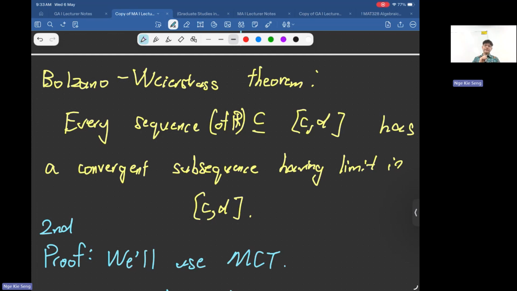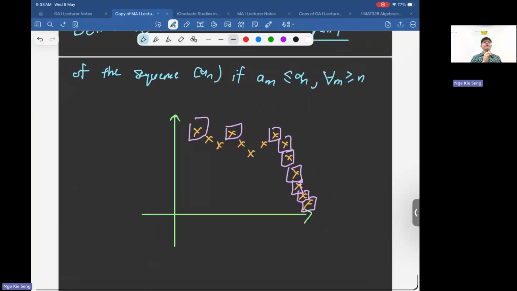How about the finitely many case? How about if there are only finitely many vista points? What could happen? What could the sequence look like?